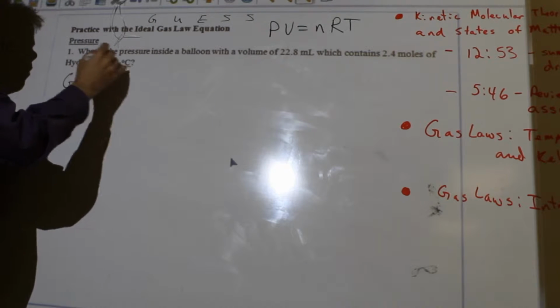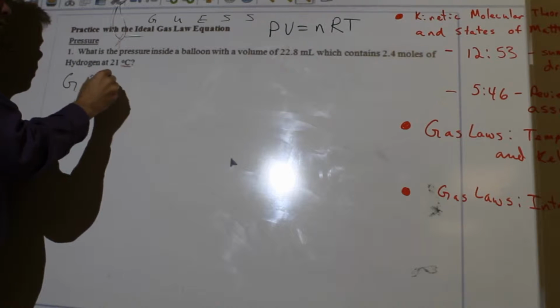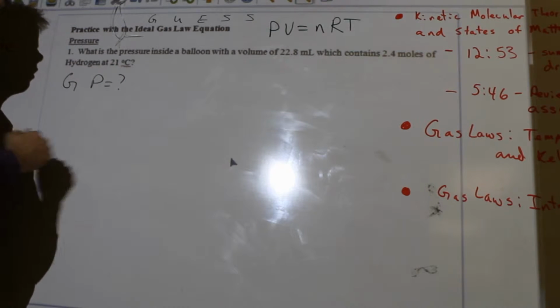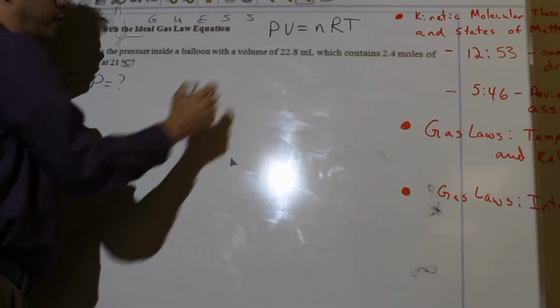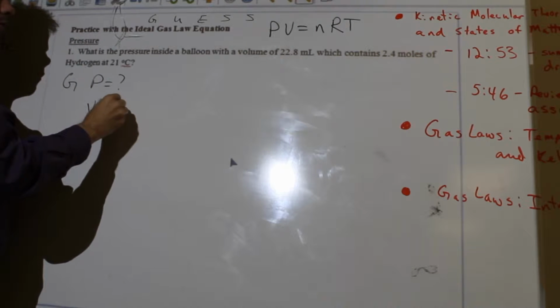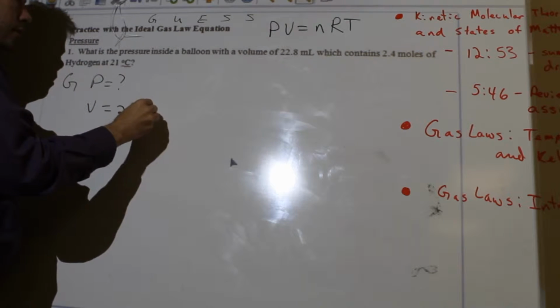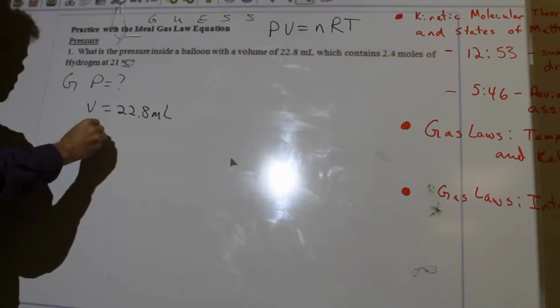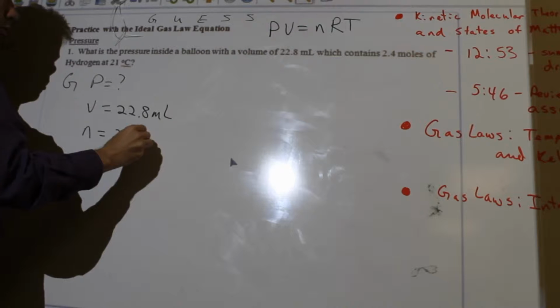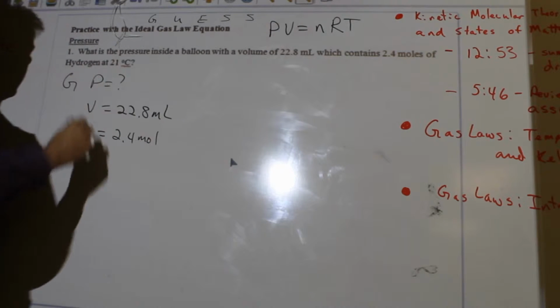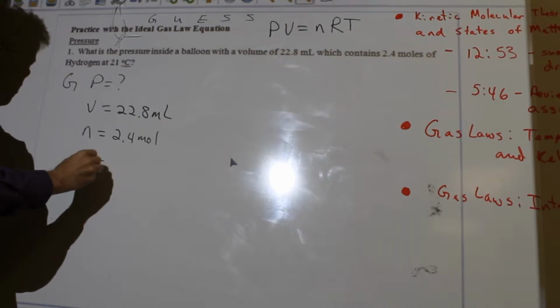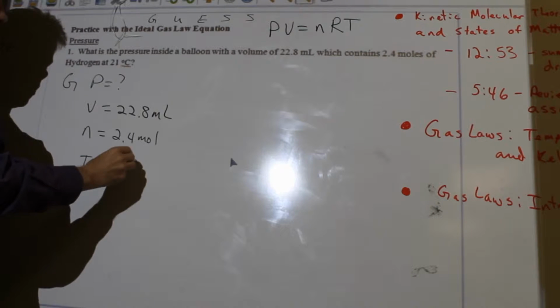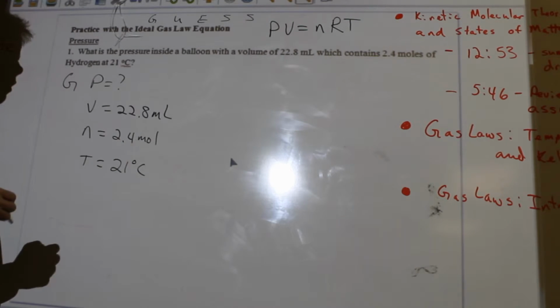As we read, it says, what is the pressure? That's my question, so I'm going to put a question mark. Inside a balloon with a volume of 22.8 milliliters, which contains 2.4 moles of hydrogen at a temperature of 21 degrees Celsius.